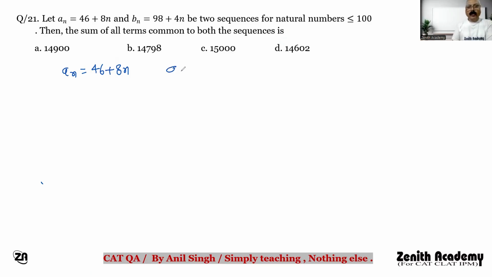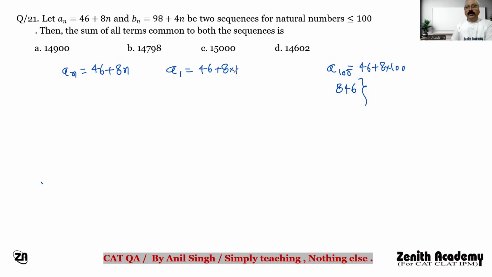So the first term A1 will be 46 plus 8 into 1, which is 54. And A100 is equal to 46 plus 8 into 100, so this is 846, the last term.